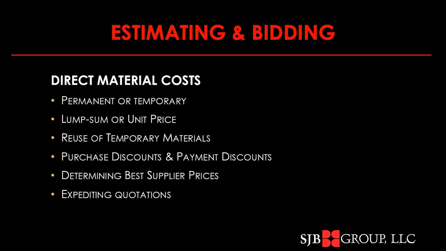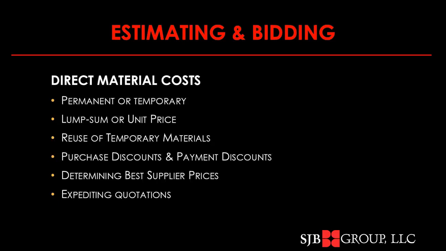On our direct material costs, we have to cover permanent and temporary materials we'll use for the project. We need to evaluate the lump sum or the unit price basis for the material. We need to consider any reuse of the temporary materials.